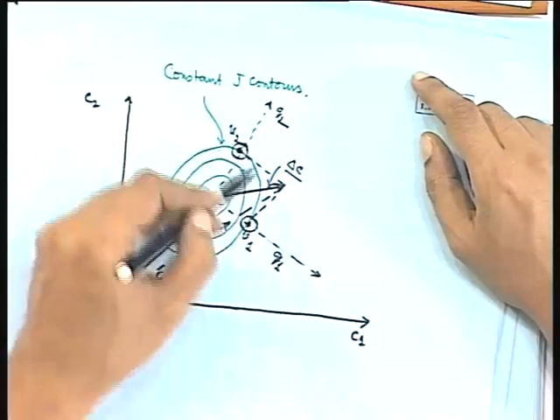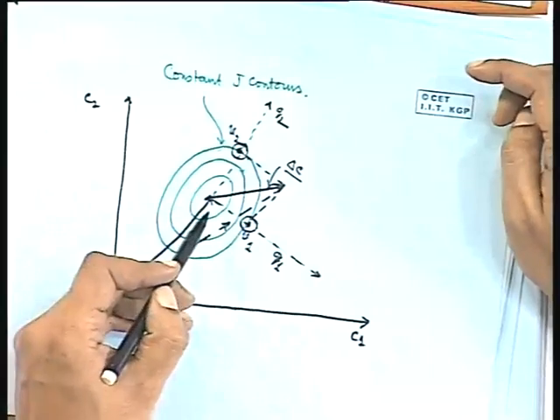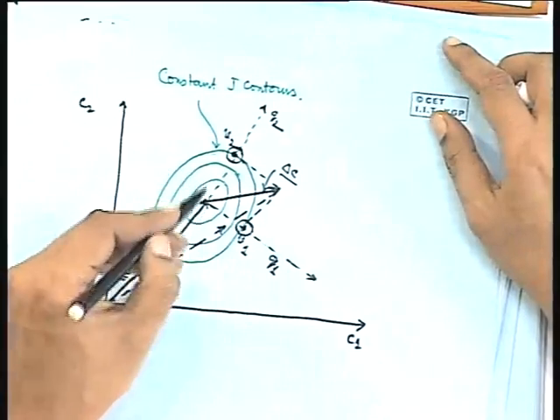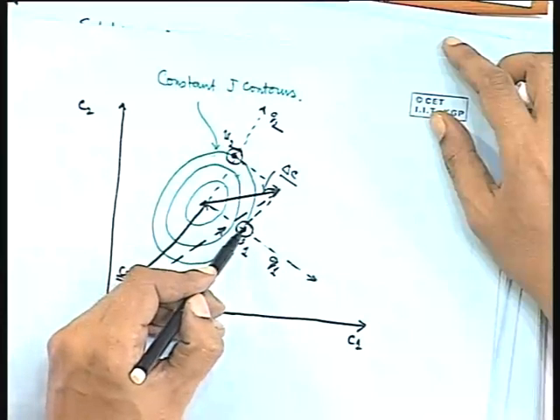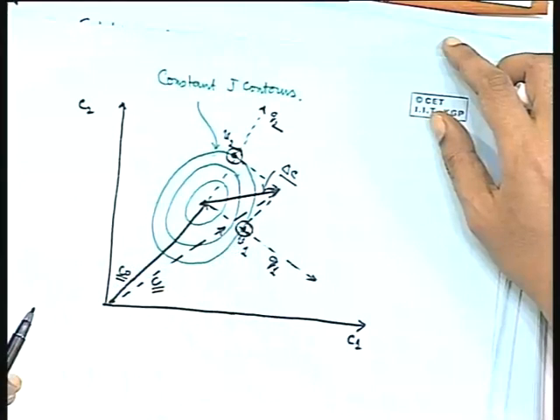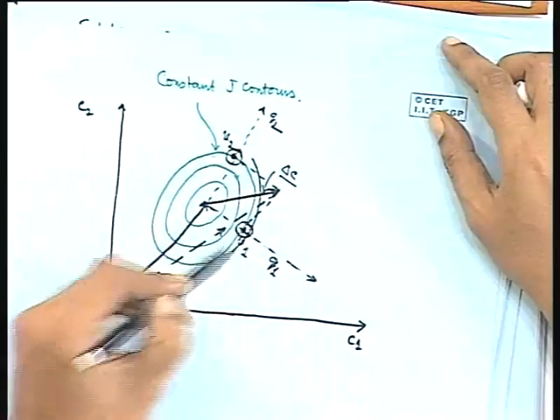So now these are my constant penalty contours, and from this I can see that if I make a small error here, then my J will go up more.